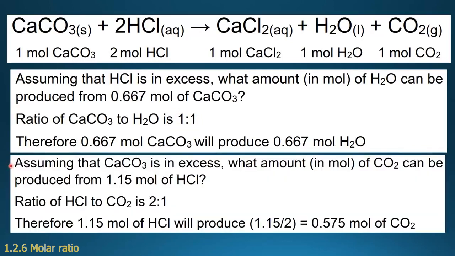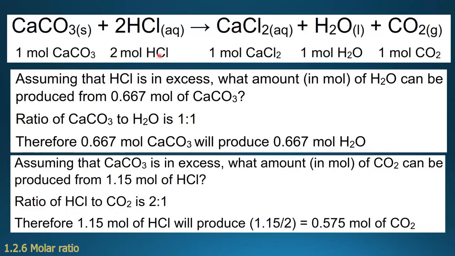Let's try another example. This time, assuming that calcium carbonate is in excess, which means that HCl is the limiting reactant, what amount in moles of CO2 can be produced from 1.15 moles of HCl? So we need to look at the ratio again. So the ratio of HCl to CO2 is 2-to-1.